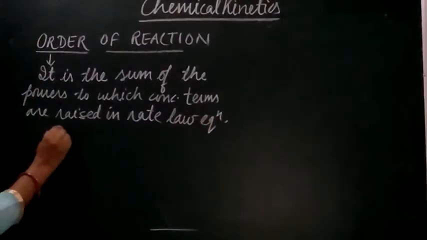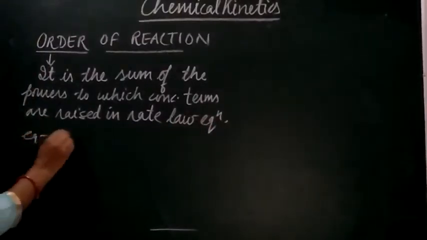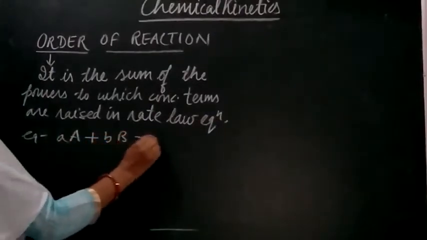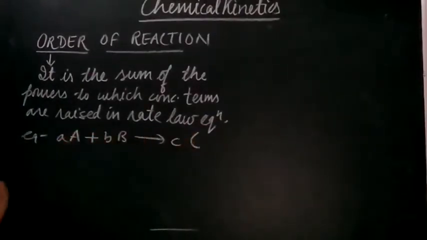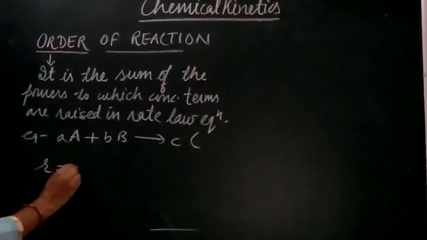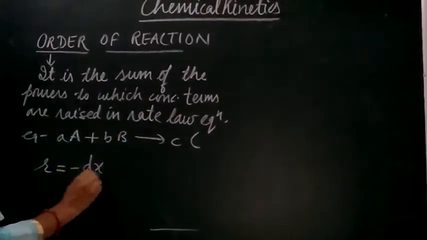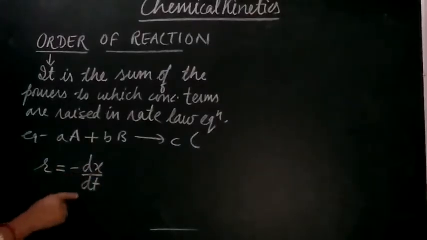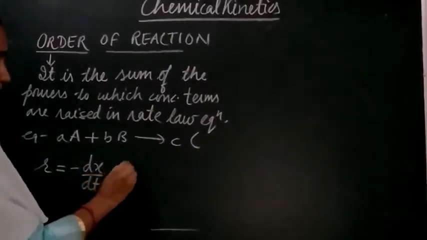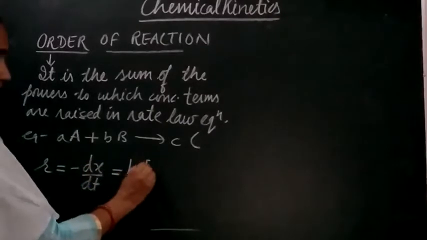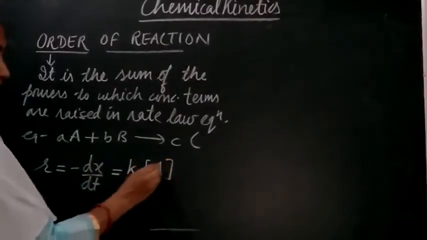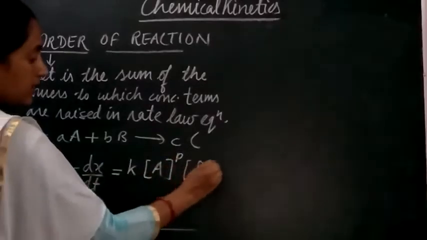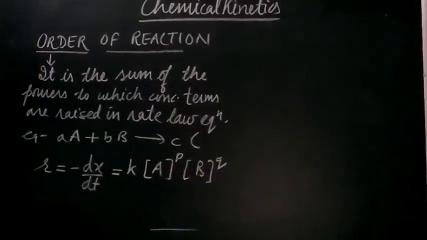Now let us take an example that here we have aA plus bB giving the product in this way. Now the rate of the reaction, which can also be written in terms of the reactants, will be equal to k[A] raised to the power p, [B] raised to the power q.